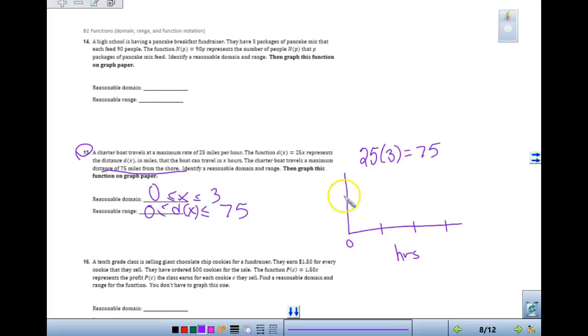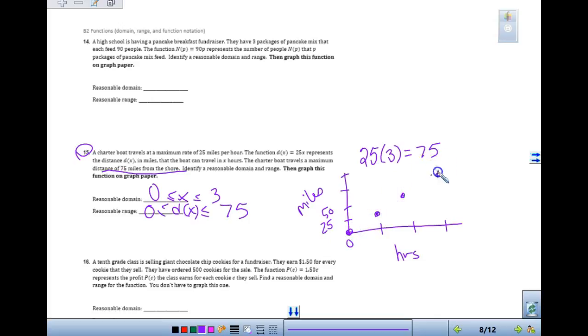Now my scale going up might be quite a bit different, because I need to go up to 75, so maybe I go up by 25. This is 25, 50, and we might say that this is our unit in miles. If you had a title on the graph, you might say something like distance traveled. And 0 was 0, right? 1, we're at 25. 2, we're at 50.